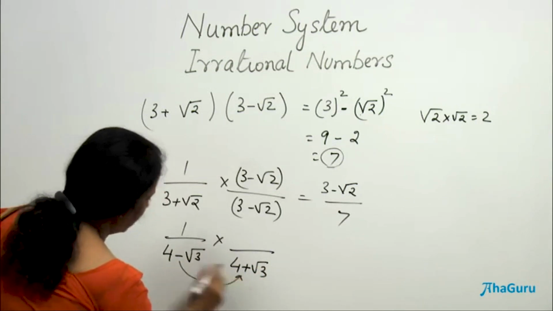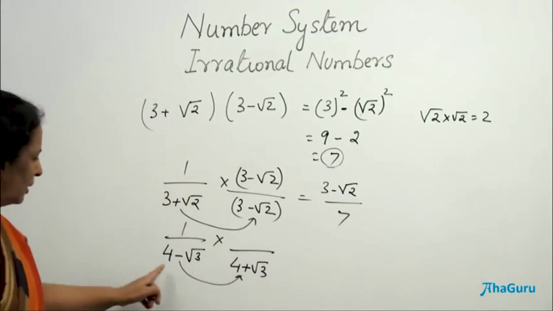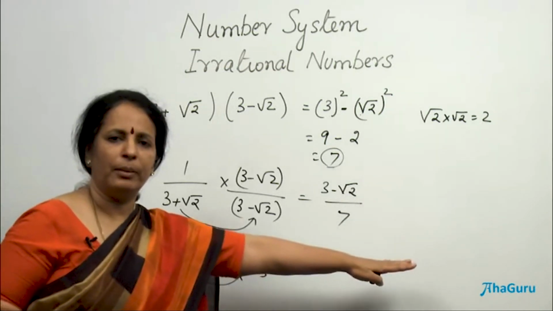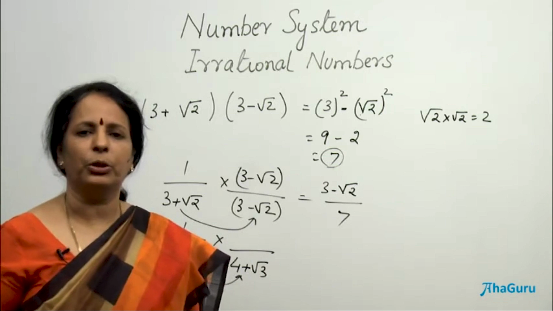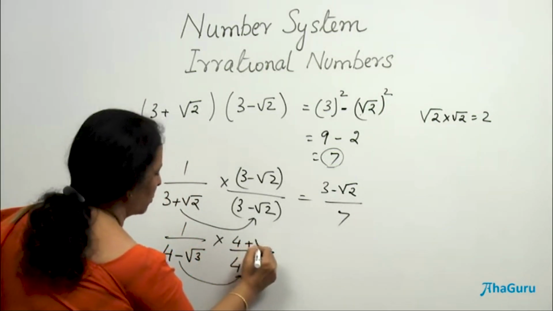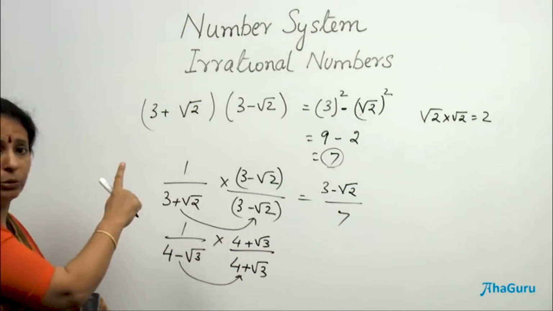Its conjugate, can you see that? Minus has become plus. Here plus became minus. It does not make any difference. In any case, it is A minus B, A plus B, it is going to be A square minus B square, that is 100% going to be a rational number. So, the numerator of course is the same thing, 4 plus root 3. Be very careful, what you multiply here is the same as what is going to go to the numerator.